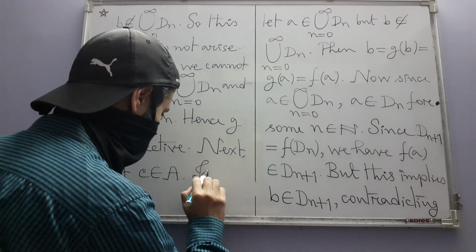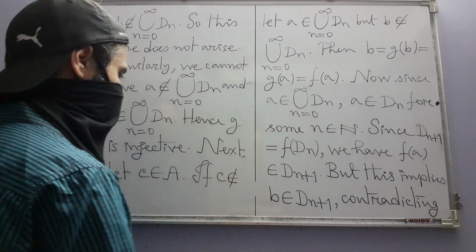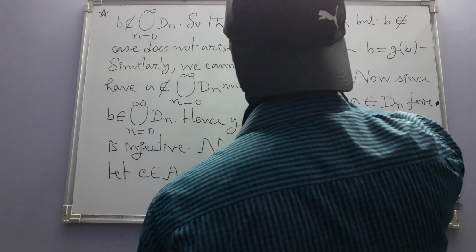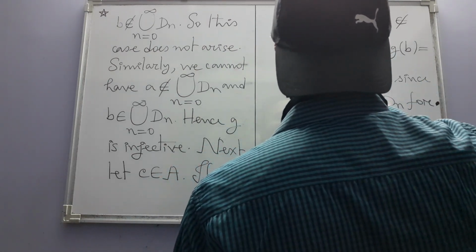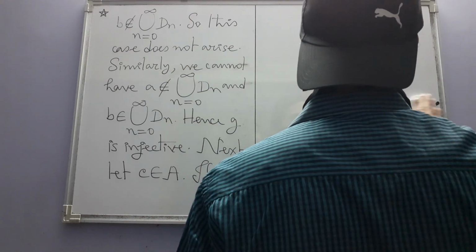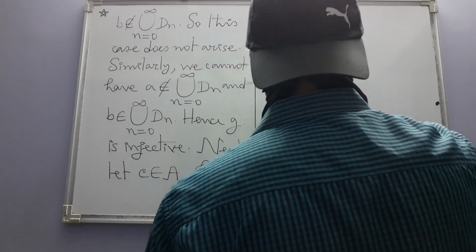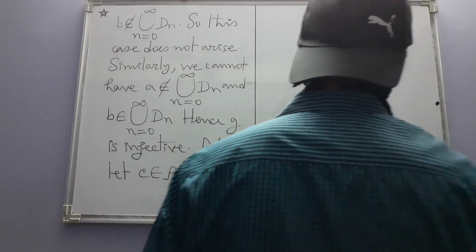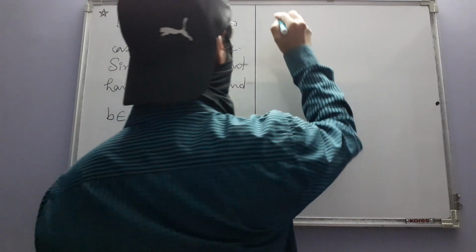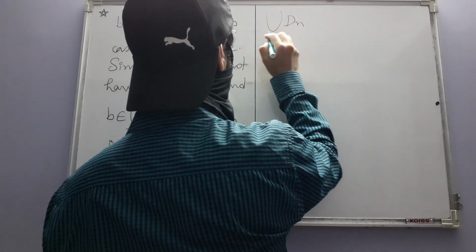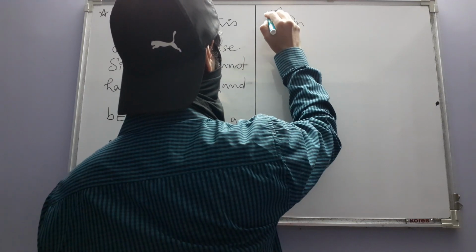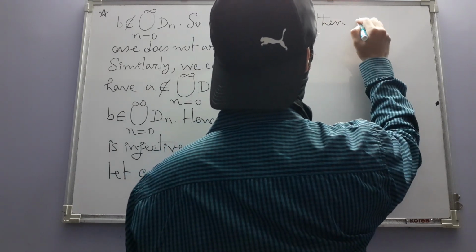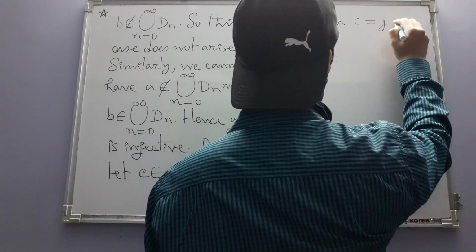If C itself does not belong to the union, then C is equal to G of C.